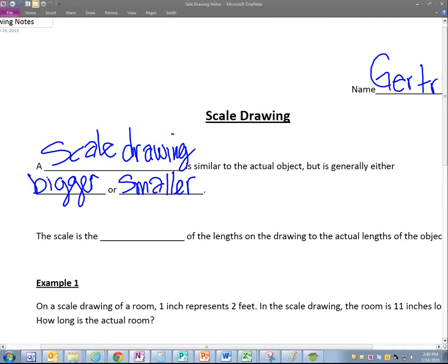So a scale drawing of a possible car or a boat, as long as everything lines up right, it's going to be a scale drawing. It's going to be 1-to-1.